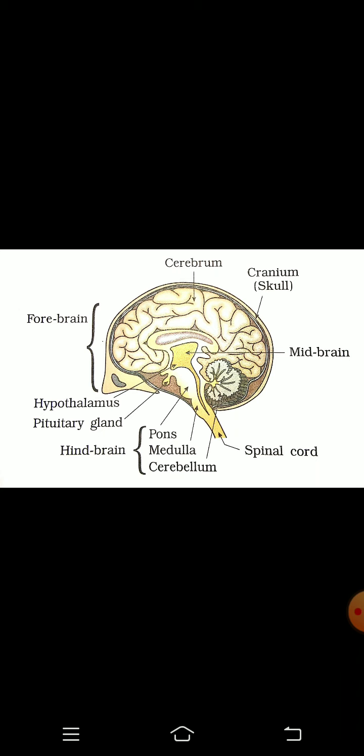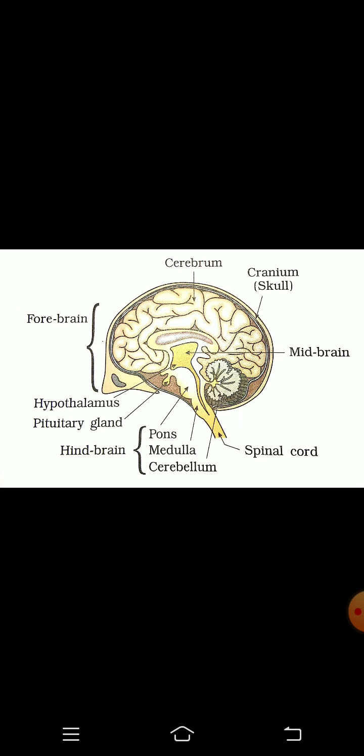The human brain is divided into three major regions: forebrain, midbrain, and hindbrain. First, let us talk about the forebrain. The forebrain is the main thinking part of the brain. That means the main part by which we think is the forebrain.